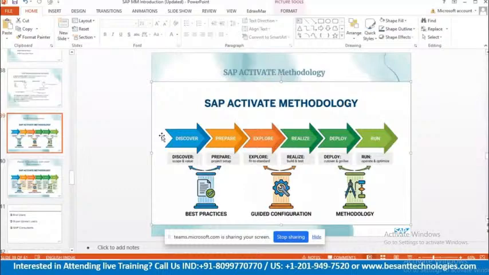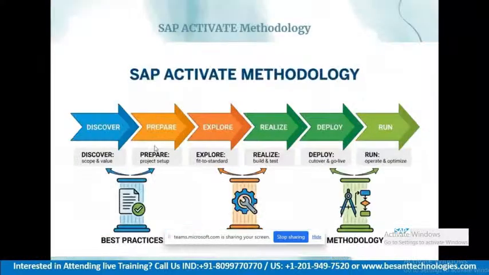Here we have six phases: discover, prepare, explore, realize, deploy, and run. In discover, you discover the value of the business. You define the scope. The names are different, but the operations we do are the same in ECC and S/4HANA.